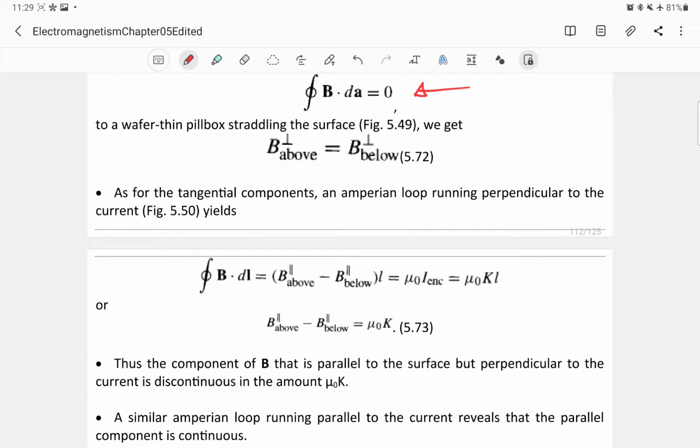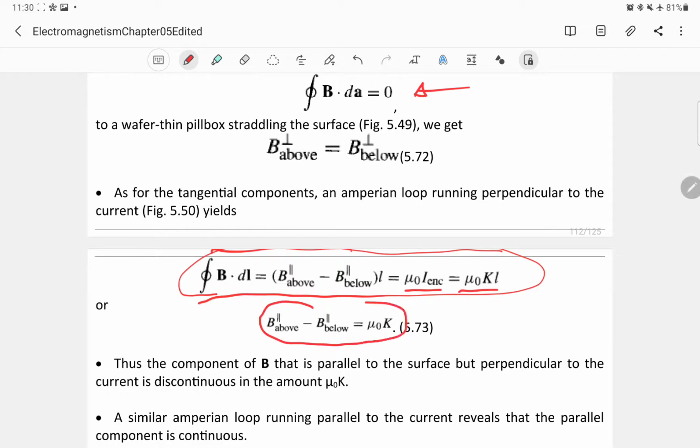As for the tangential components, an Amperian loop running perpendicular to the current yields this one. It encloses current mu I enclosed, which is just mu K l, as you have seen in the previous calculation. So therefore the tangential discontinuity would be this one here.